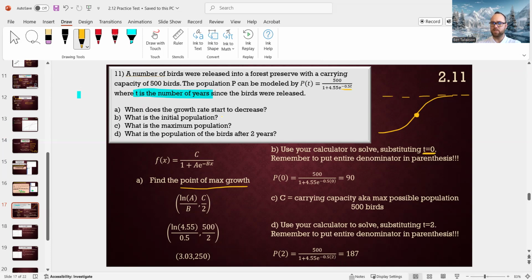So we're going to set years to 0, and we're going to substitute 0 into the function they gave us. Remember, this equals 0, and e to the 0 is 1 because anything to the power of 0 is 1. So ultimately, you're going to get 500 over 5.55. If you divide that out, you'll find there were 90 birds in the very beginning.